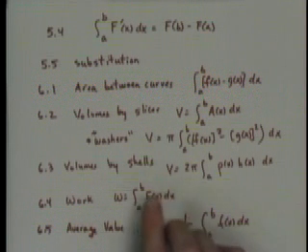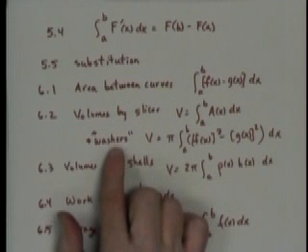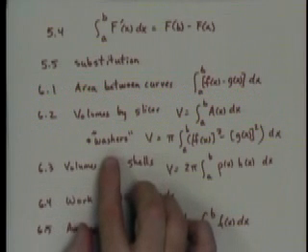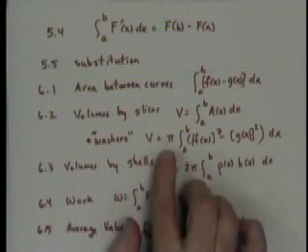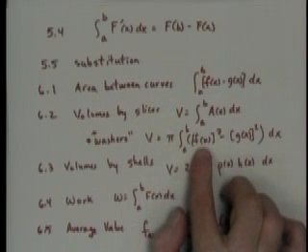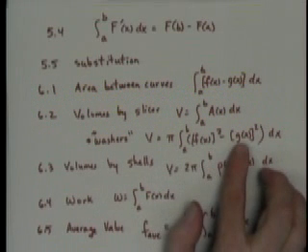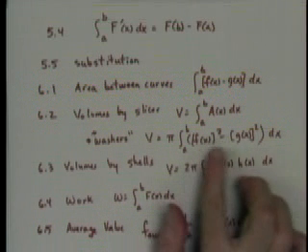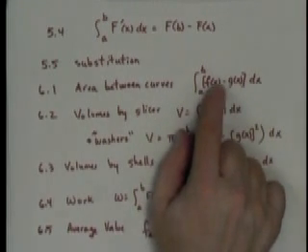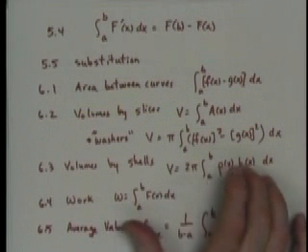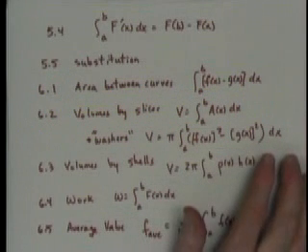In which case, if we use what I call the washer technique, washer being like a washer on a bolt, then we have the pi r squared idea. So this is pi times the larger radius squared minus the smaller radius squared, where f and g, similar to what they were here, I'm assuming that f is always farther out from the axis of rotation than g is.